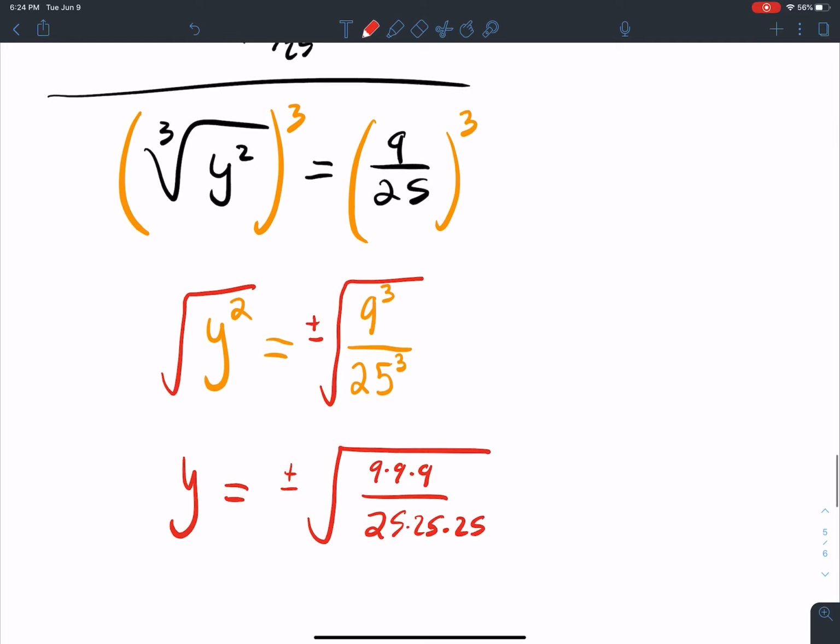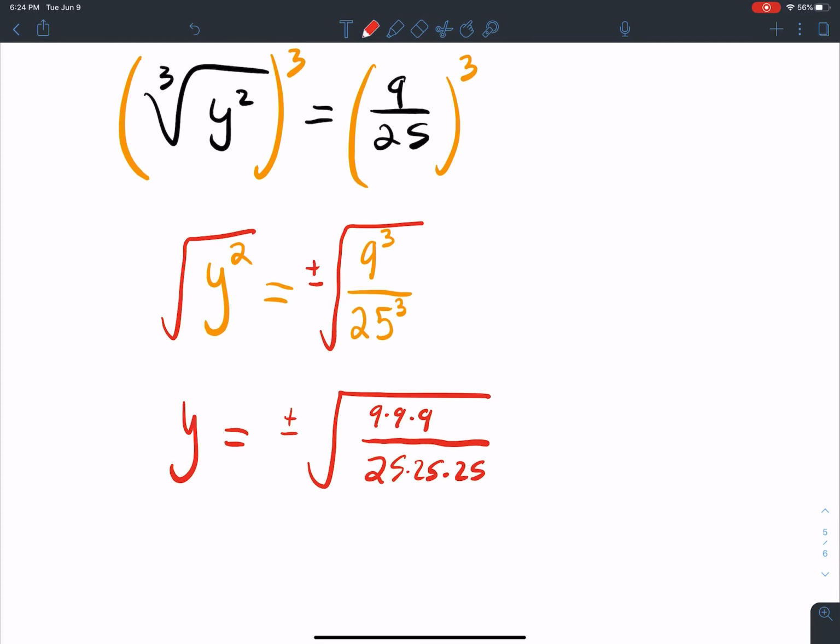If I'm taking a square root, I need 2 to get out of the house. So one group of 9s can come out, and one group of 25s can come out, but one 9 stays in the house and one 25 stays in the house.